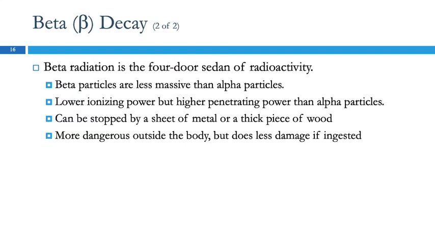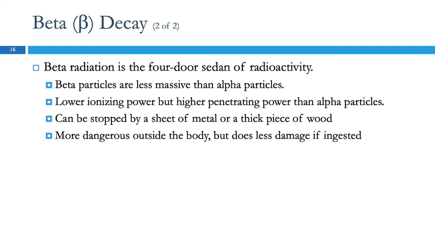Characteristics of beta radiation. Beta radiation is like a car, a four-door sedan. Less massive than an alpha particle, so because they're less massive, they have lower ionizing power.